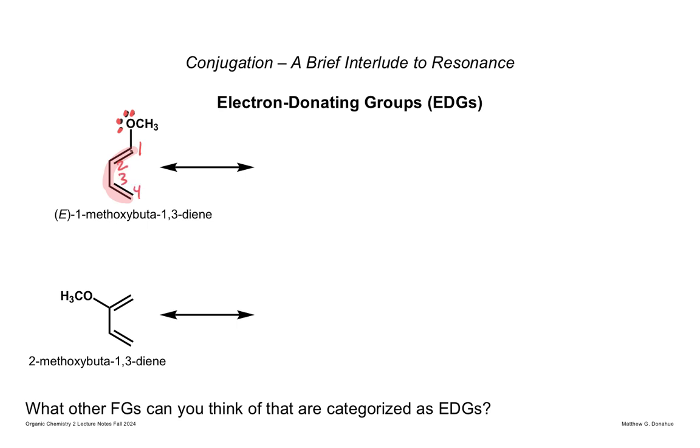So the lone pairs of electrons, using the curved arrow formalism, push into that carbon 1 position, which means we have to break the pi bond between 1 and 2. So those electrons will go on carbon 2.